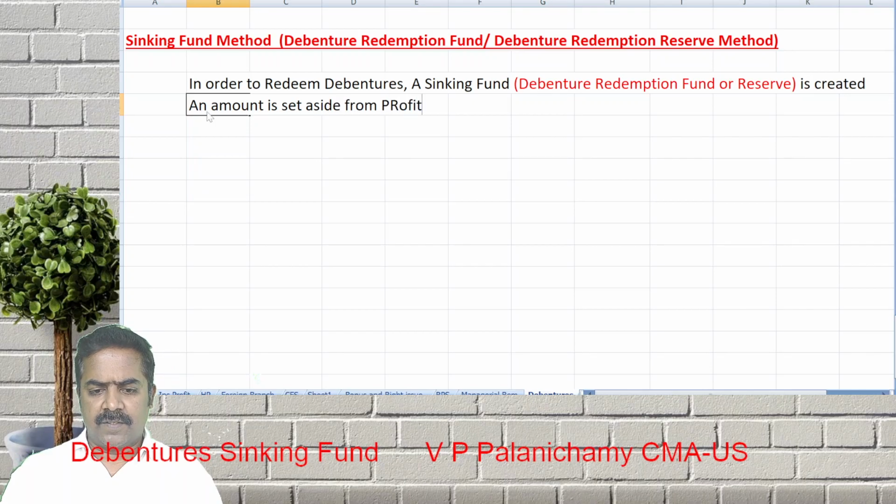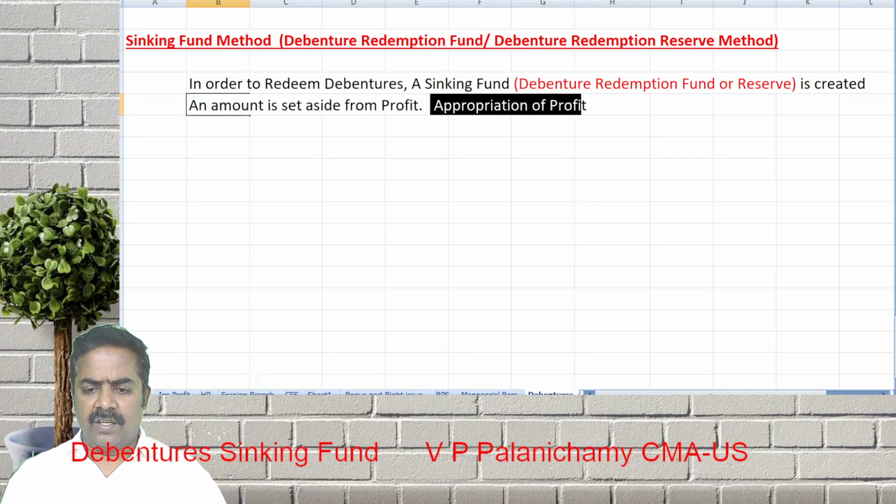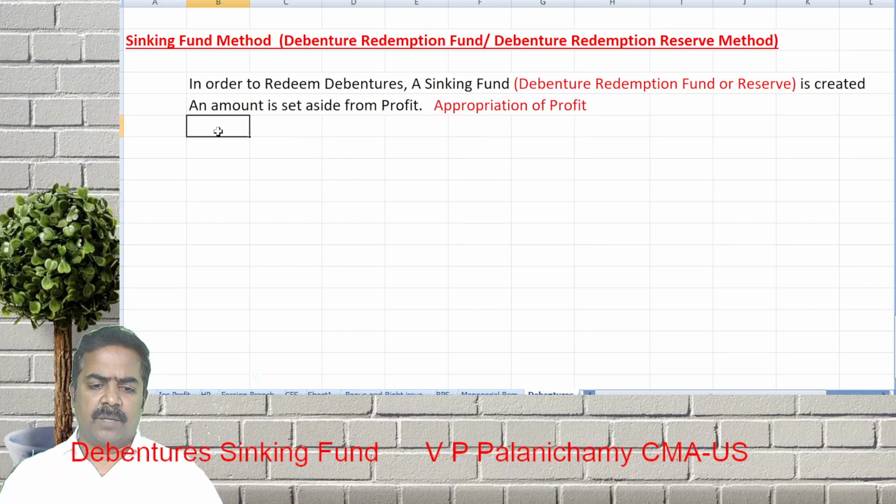An amount is set aside from profits. It is called appropriation of profit. You create a fund from the P&L account, and it is called appropriation of profit.